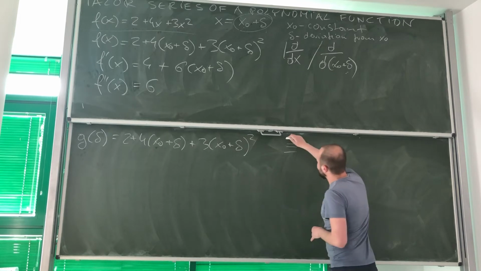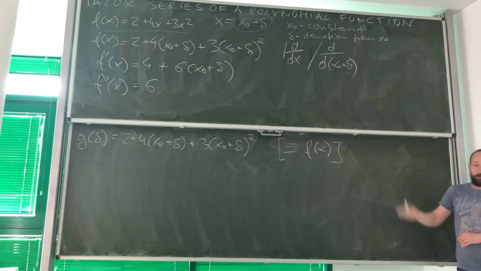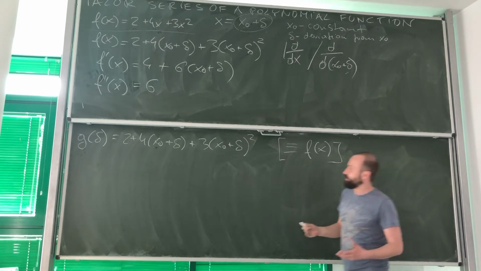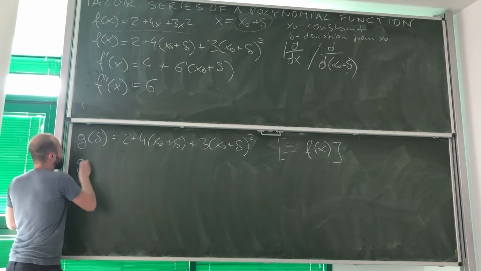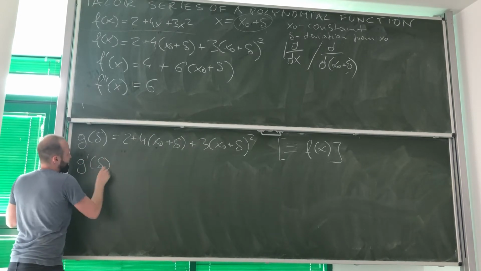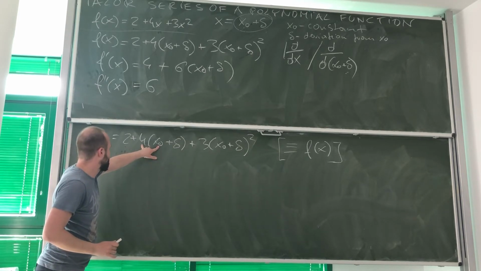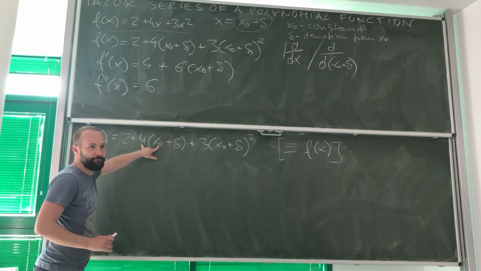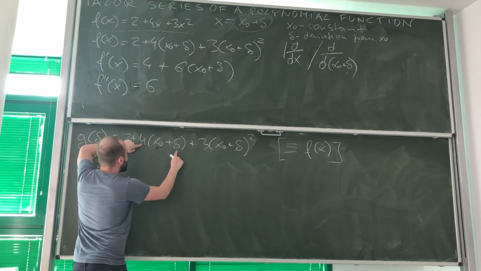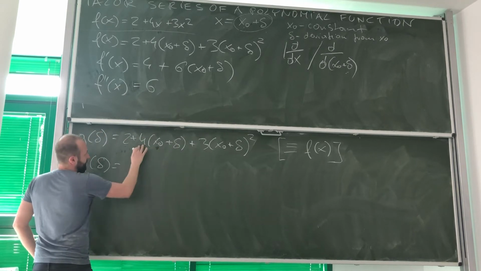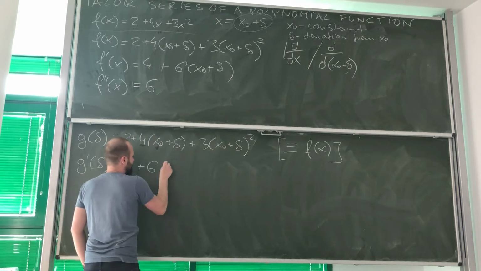However, we should notice that this is the same as f of x. What will happen if I'm going to differentiate it? If I'm going to differentiate it first time with respect to delta, this is gone, and now this part is gone. This part is gone. All we have is the coefficient on delta, which is 4, and then here we need to use the chain rule.